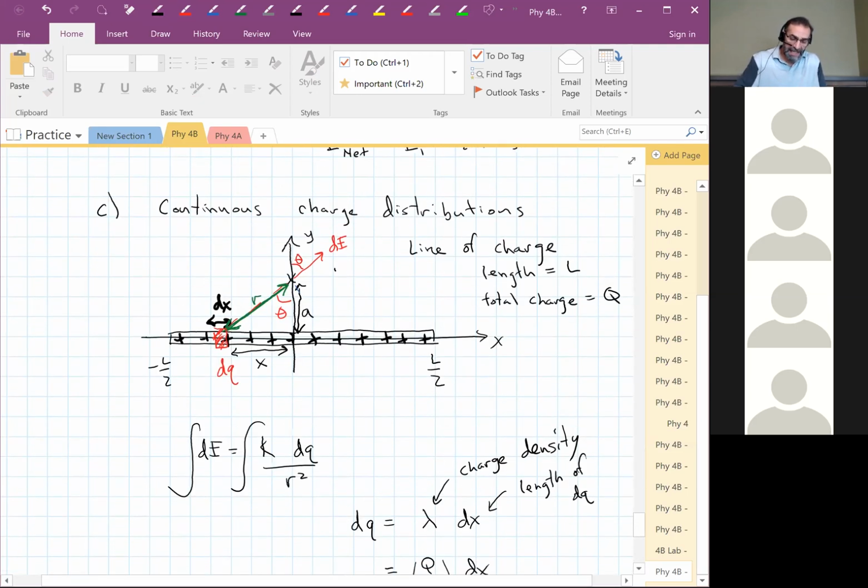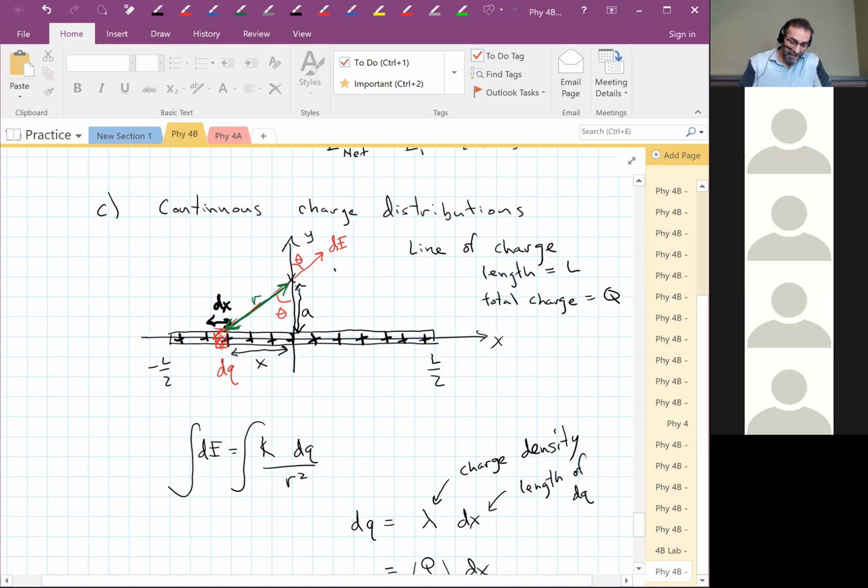It changes as my dq moves out along the rod. As I integrate, the dq is going to change location, so theta is going to change. It's a variable, it's not a constant. So I need to get it in terms of x's. I can't have a sine theta in there. I'm integrating over x. I need to convert it into an x.